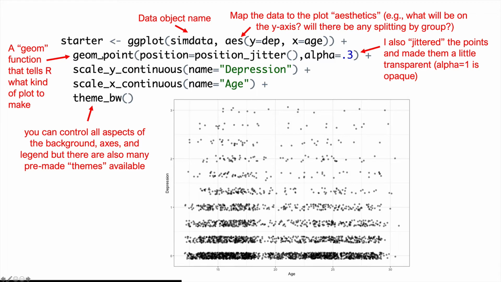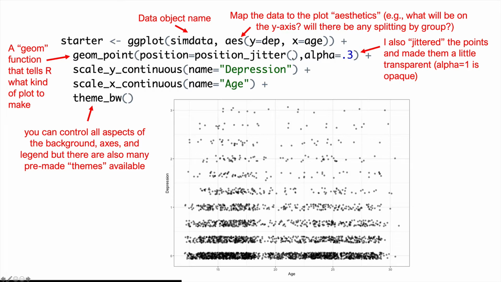So there are lots of geom functions, and these are generally here to tell R what kind of plot to make. I've done a couple of things inside the parentheses of geom point. One is to use the position option to request jittered points.